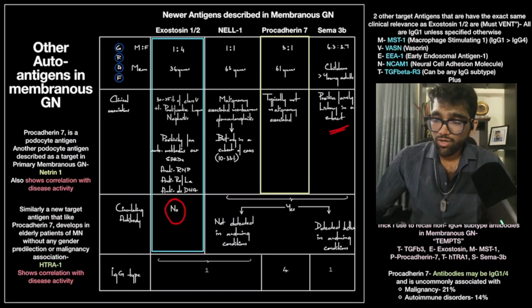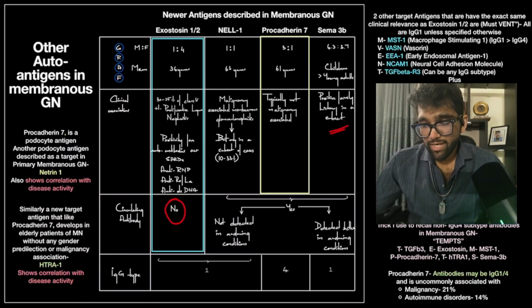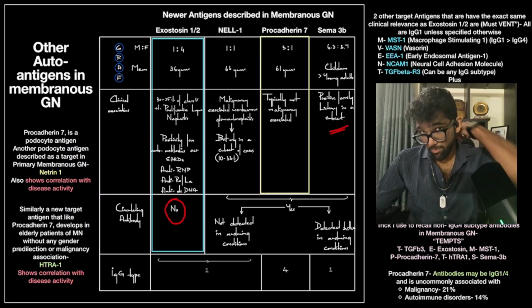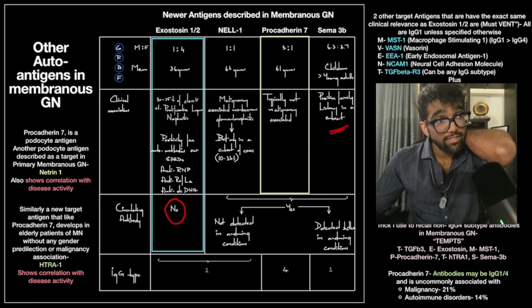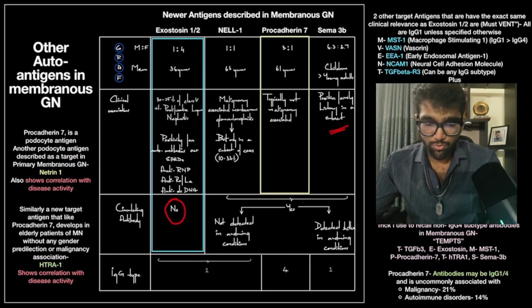M stands for your macrophage stimulating protein 1. P stands for your procalcitonin 7. Again, the T stands for here it is HTRA. So TRA is what you should remember, and S stands for semaphorin 3B. Okay, so that's how you remember this. There's a lot of facts on this one particular slide. You'll have to go through this a few times before you're comfortable with the facts.